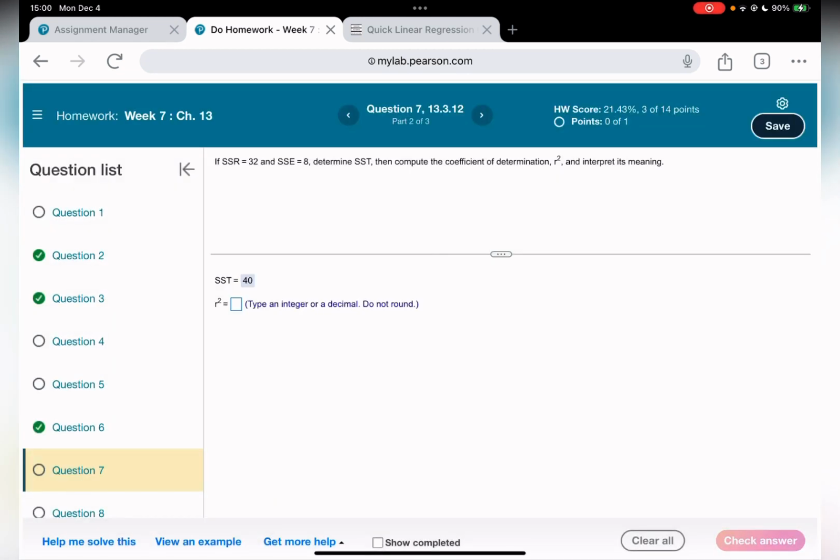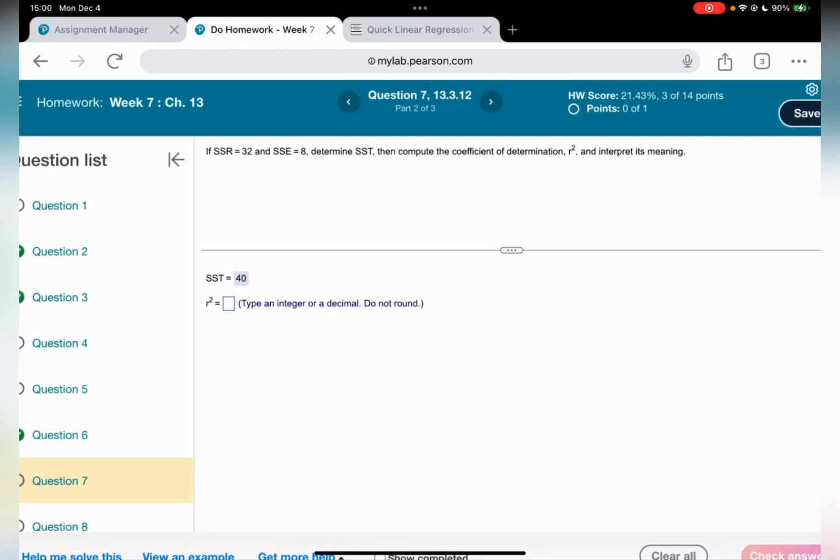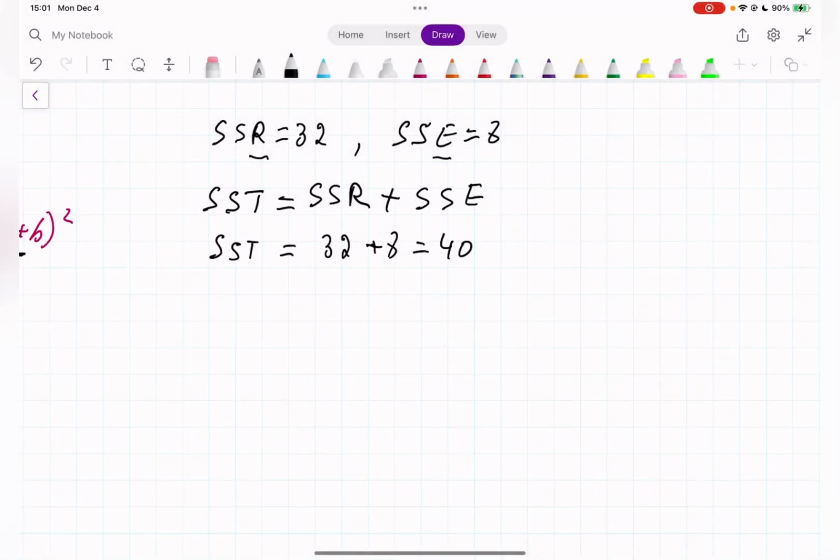Very nice. Next one, we need to find R squared, the coefficient of determination. There is a formula for the coefficient of determination, R squared, that is equal to SSR, the regression sum of squares, divided by SST, the total sum of squares. SSR is 32, total is 40.